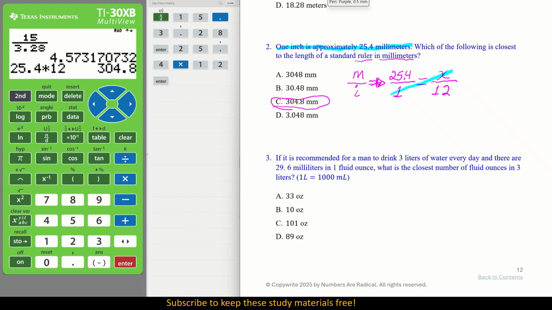Then they give us a key: a scale factor of 1 liter equals 1,000 milliliters. Okay, this makes sense. So let's do our setup. We're going to use this key they gave us here. However, what are we really comparing? Well, the question is actually asking for ounces.